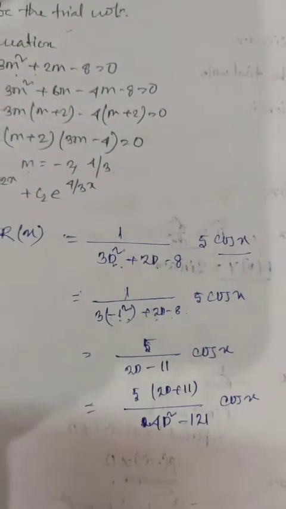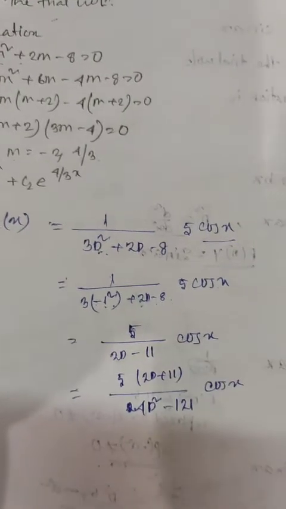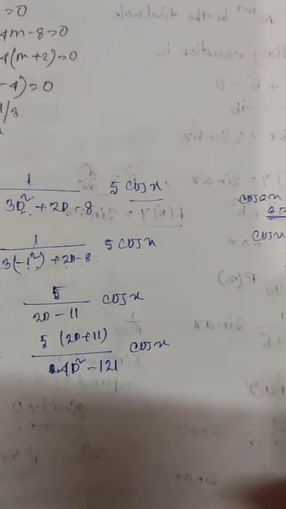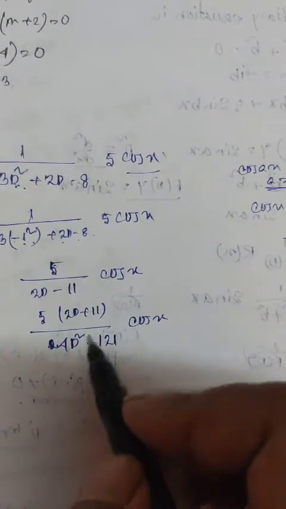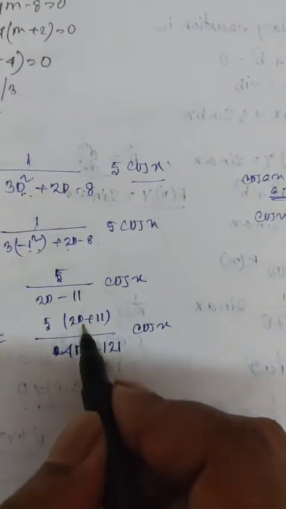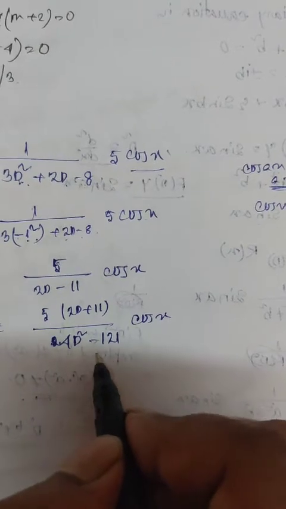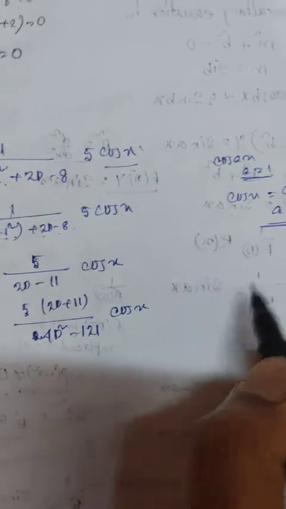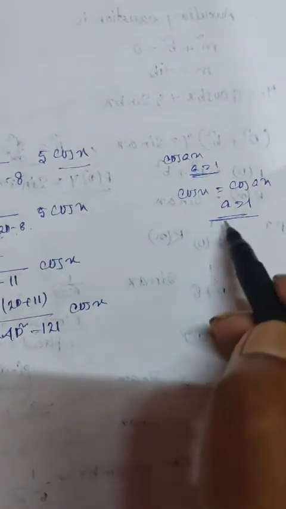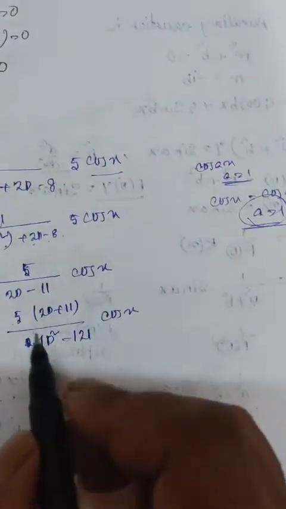Now the question is how can we solve it. To find the particular integral, we multiply by the conjugate of 2d minus 11, that is 2d plus 11. So here we get 5 by 4d square minus 121 cos x. Similarly, cos x is equal to cos ax with a equal to 1.